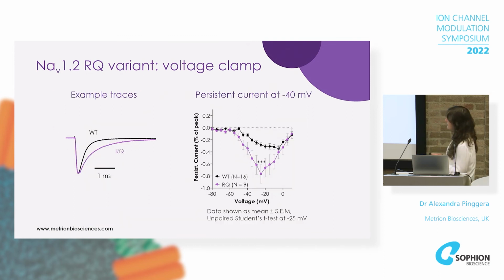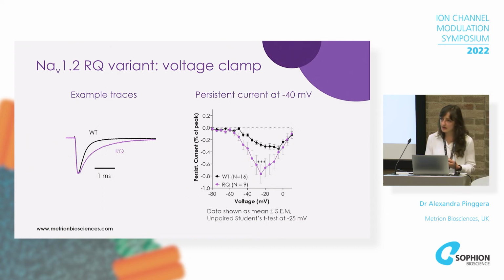The fast inactivation kinetics were also slowed down by the mutation. And we also have a large non-inactivating component, measured at the end of a 40 millisecond depolarization step at negative potential.